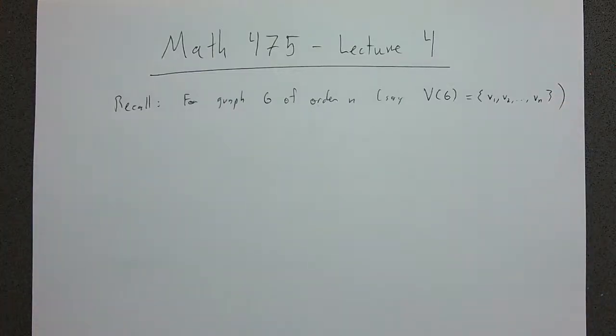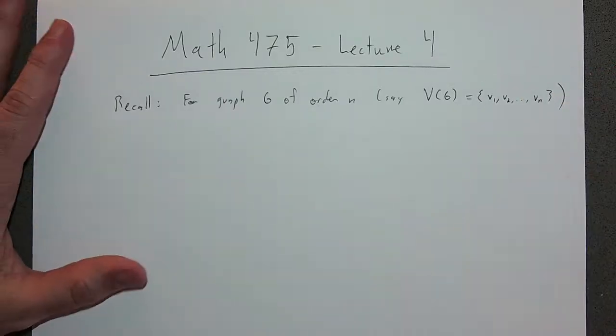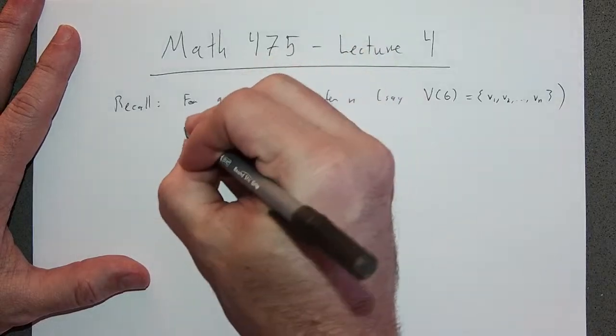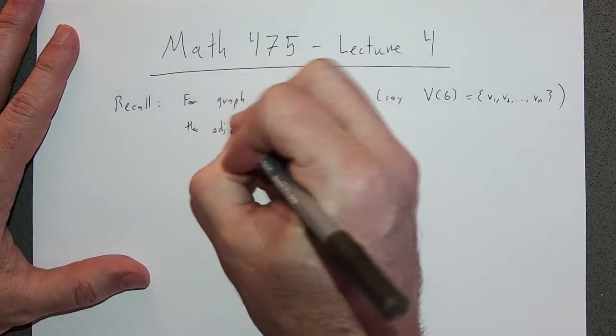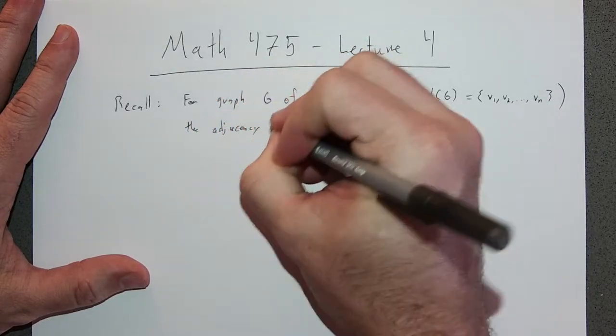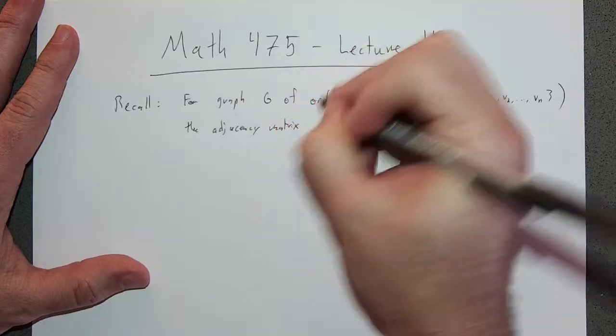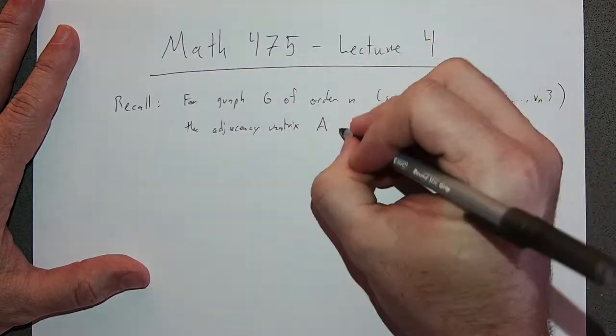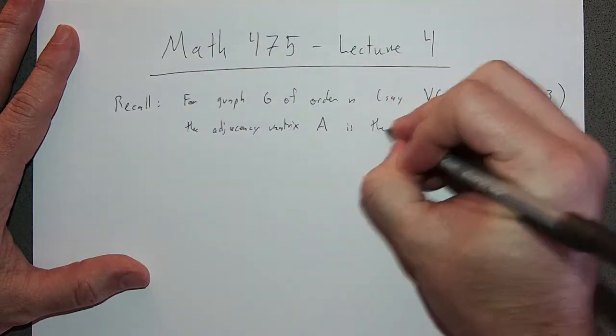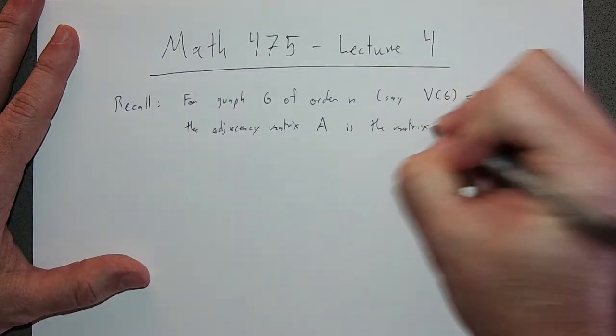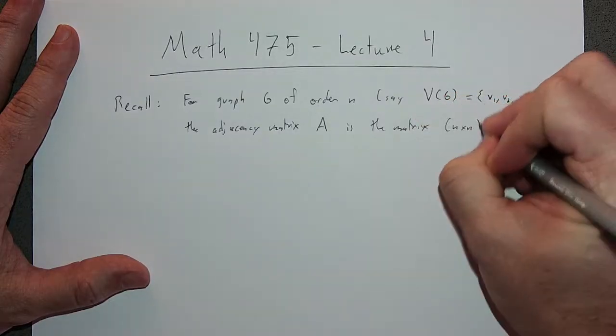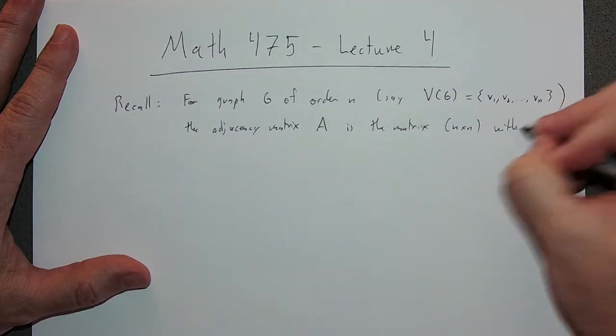The adjacency matrix A is the matrix. It's an n by n matrix with entries.